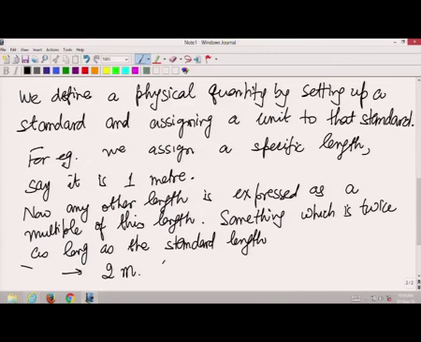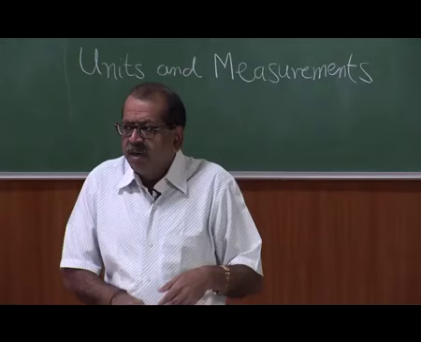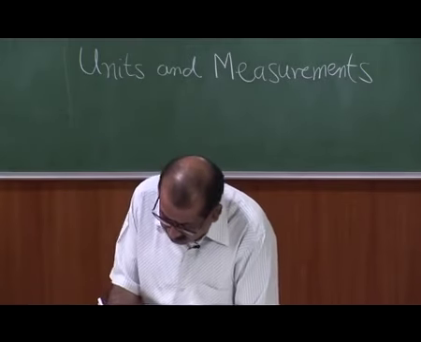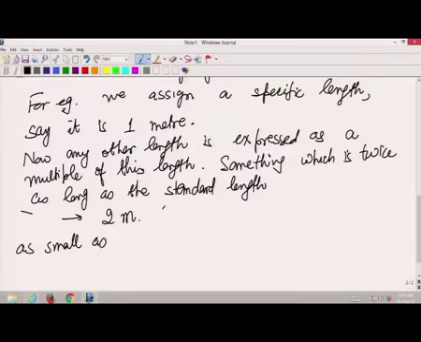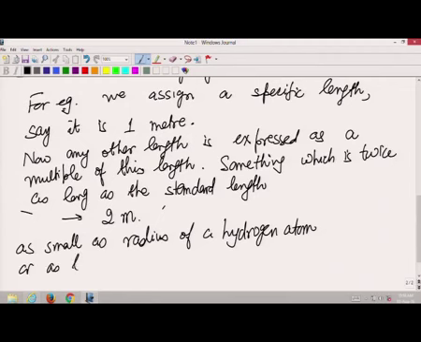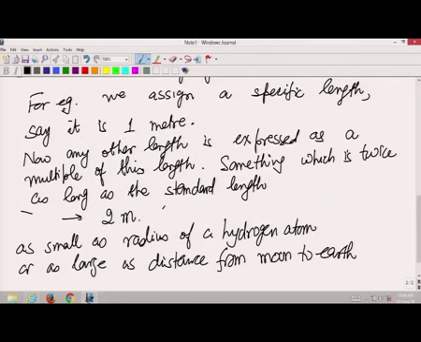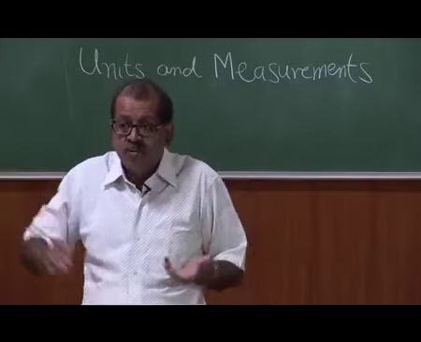And so, once we express a standard length, then all lengths are expressed in terms of this, and the length could be as small as radius of a hydrogen atom, which will be many orders of magnitude less than the standard meter, or it could be as large as distance from moon to earth or distance from sun to earth, which would be many thousands of meters.